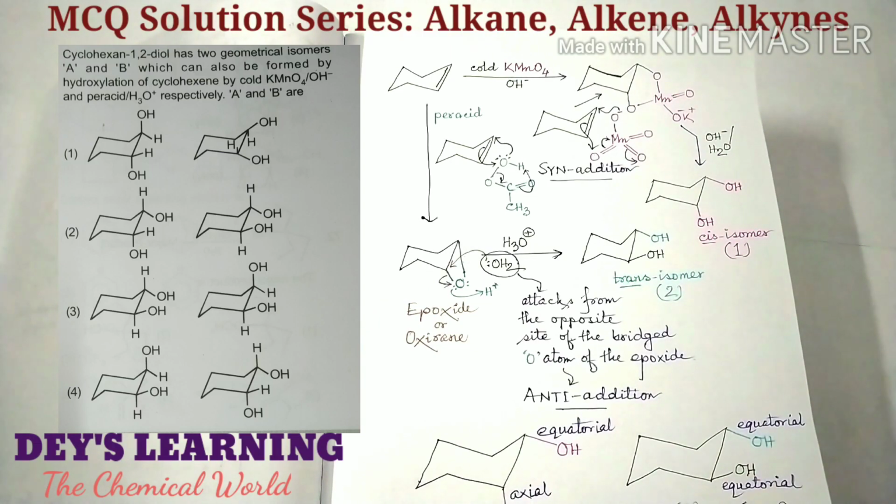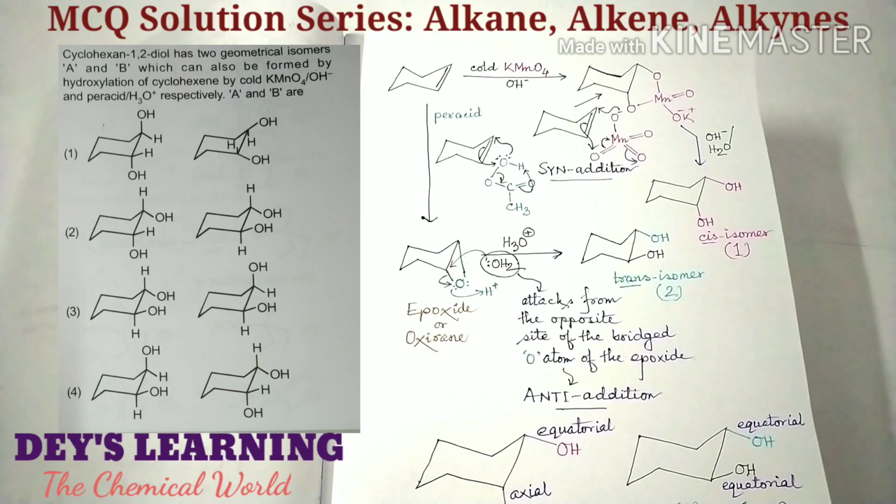Now in the second step, when hydrolysis is carried out, the protonation of oxygen occurs, and after the protonation of the oxygen, the water molecule attacks from the opposite side of the bridged oxygen atom of the epoxide. That is, the two oxygen atoms are attached from two opposite sides. So actually we get the trans isomer, the trans product. So this is actually a trans addition process, an anti-addition process.